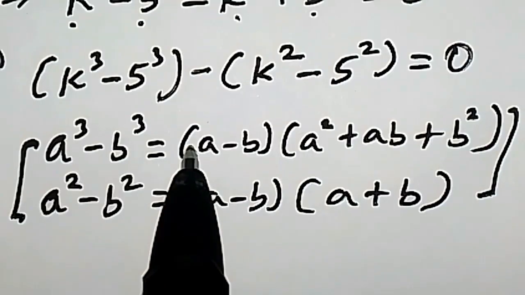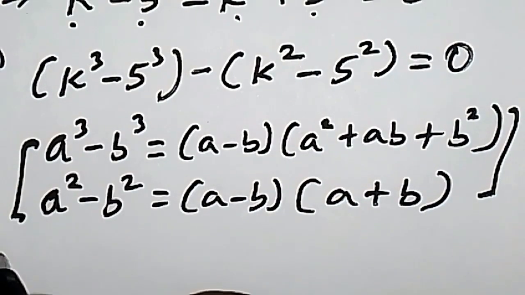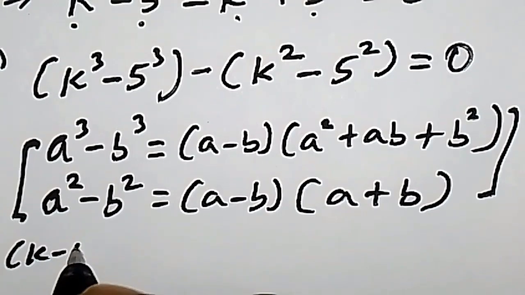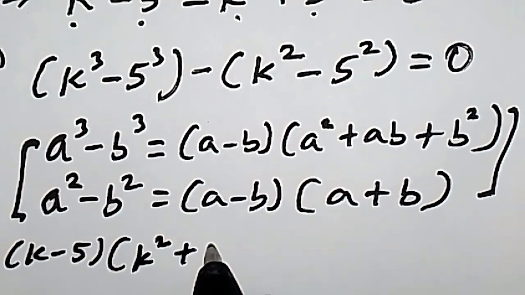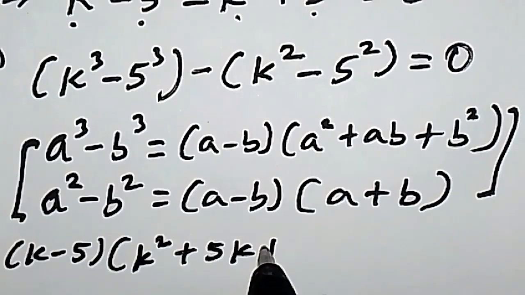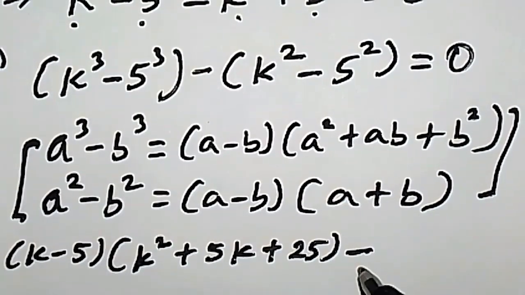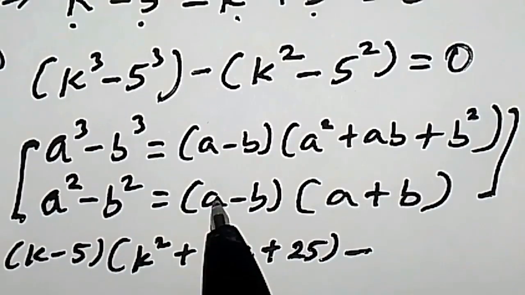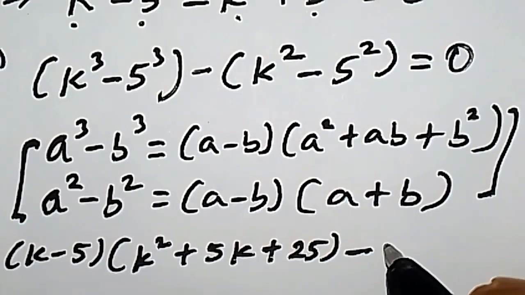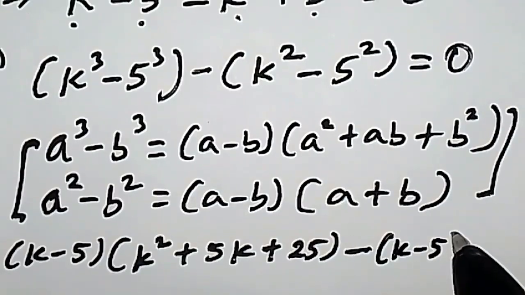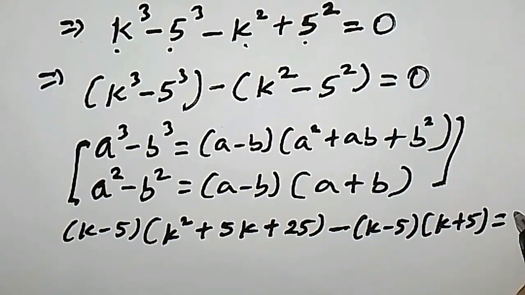Applying the first identity to this one, we have k minus 5 times k square plus 5k plus 25 minus, also applying the second identity to this one, we simply have k minus 5 times k plus 5 equal to 0.